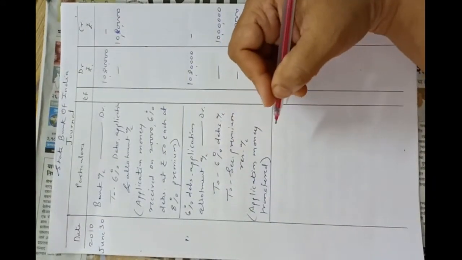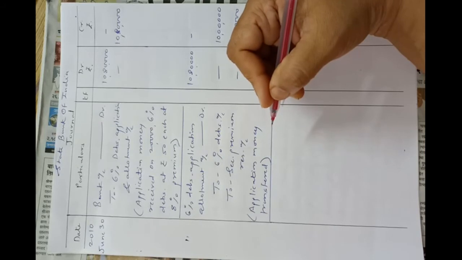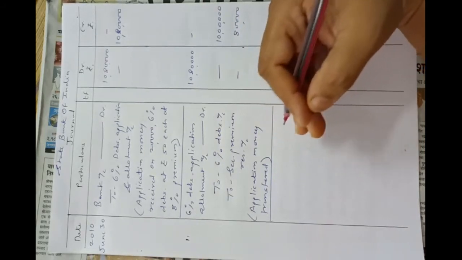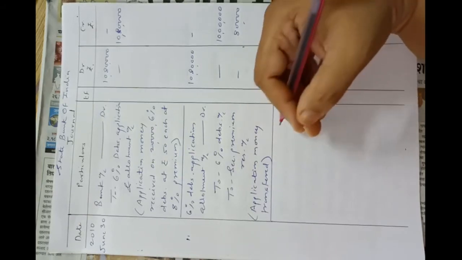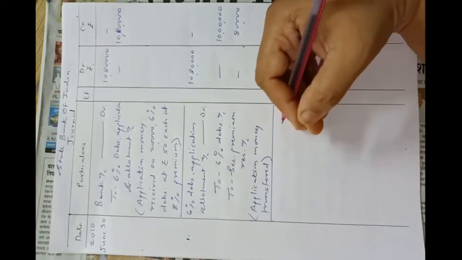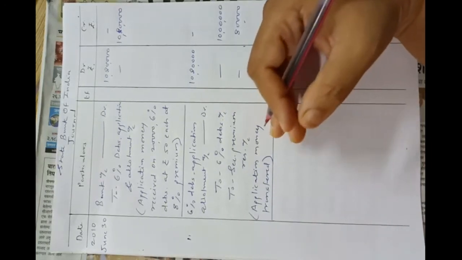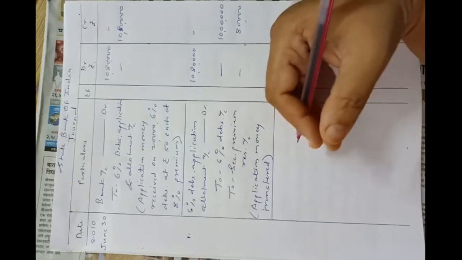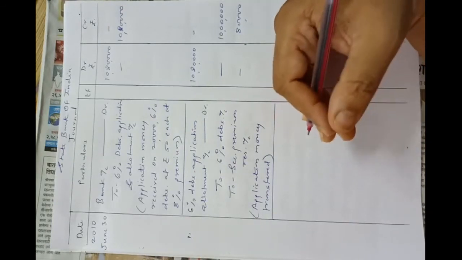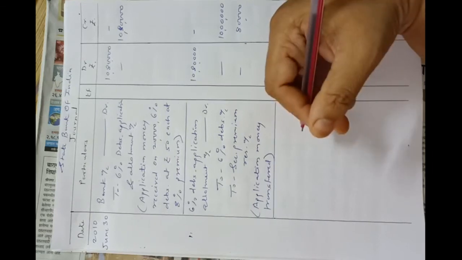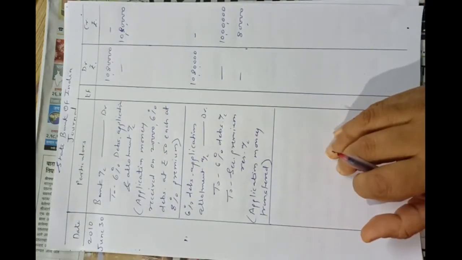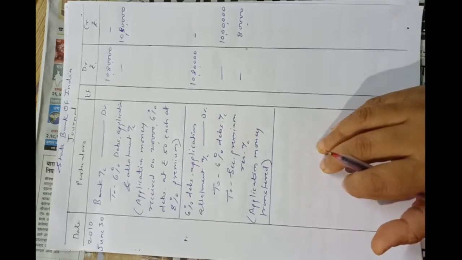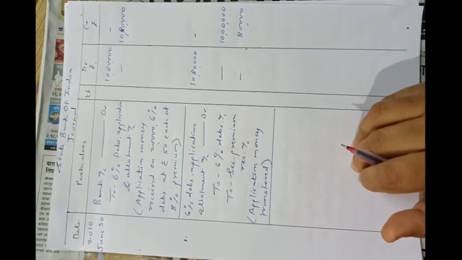Okay, now there is no need to pass the entry of debenture redemption reserve because as per section 71 subsection 4 with rule 18 and subsection 7, a banking company is not required to create debenture redemption reserve, and so the company which is not required to create DRR is exempted from investing 15% amount in any investment also. So we will not pass the entries of DRR created, investment made, etc. Okay, as investment is not made, investment encashed entry will also not be there.